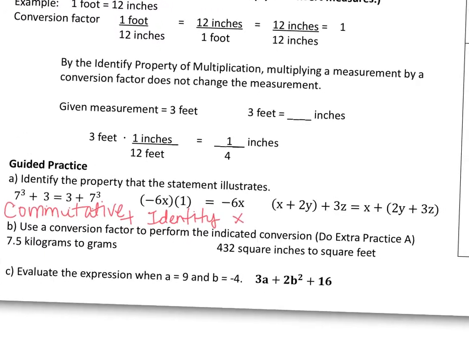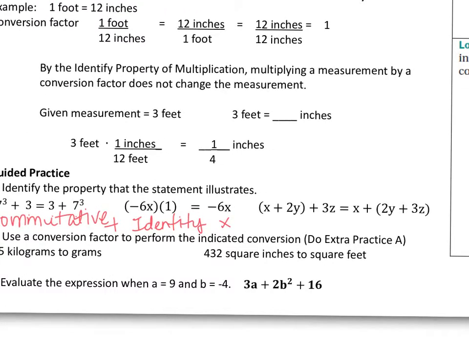And the next one, x plus 2y is grouped together, and then plus 3z, and then x plus 2y plus 3z with 2y and 3z grouped together. So all three terms are the same, and these terms are being regrouped so that on the right hand side you would add 2y plus 3z first instead of x and 2y first.